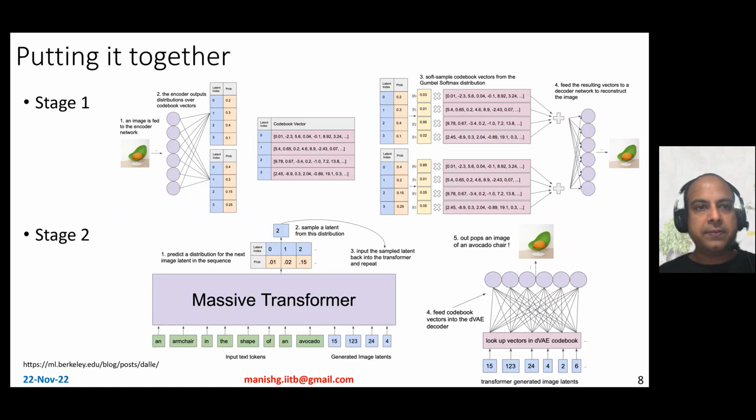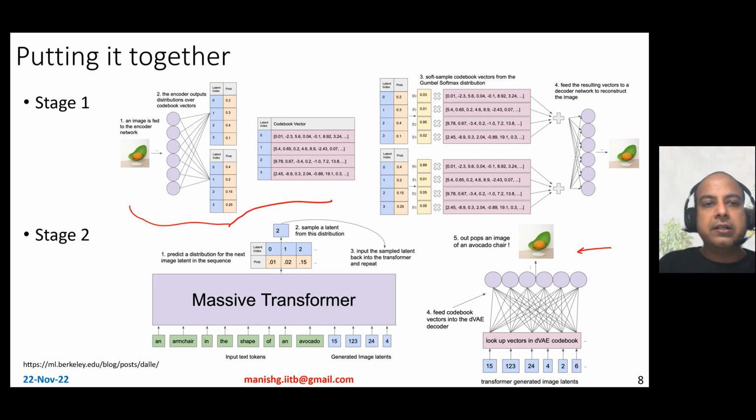to generate the images. So putting it together, DALL-E really comprises two stages. The first stage is done so as to, in an unsupervised way, train the dVAE, the discrete VAE. And then in stage 2, you feed the caption and hope to be able to generate the image. In stage 1, the discrete VAE, the encoder generates a distribution over codebook vectors, which are also trained while doing SGD.